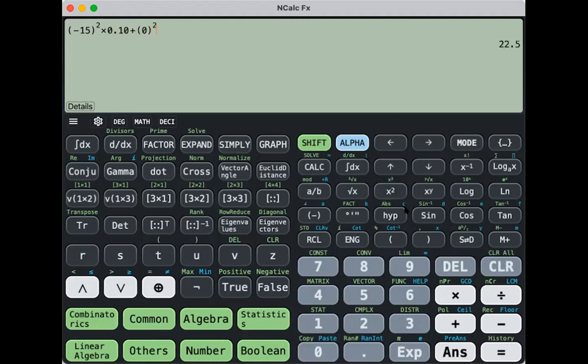0% return there. With some calculators, you need to press this button.